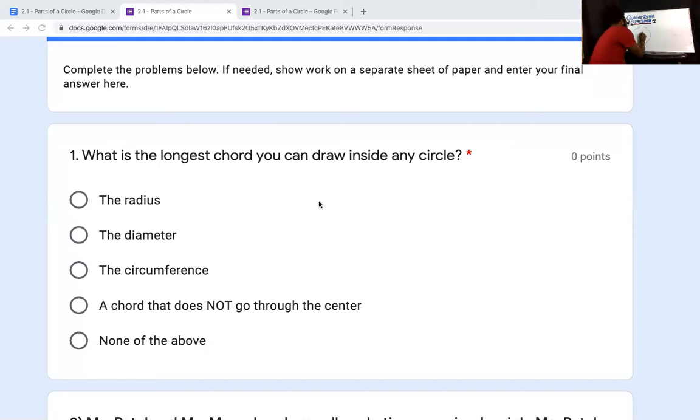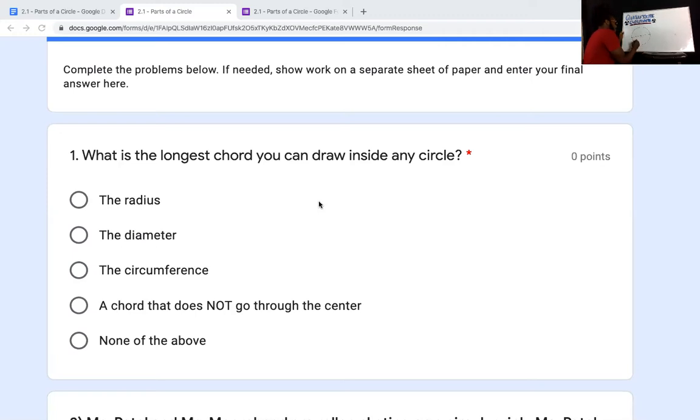And if you're thinking about it, there are only 3 different types of line segments inside of a circle that we talked about. We talked about the radius, which is basically going to come from the center of the circle and stretch itself out to any point on the circumference. The other line that we talked about was the diameter, which goes from the outer edge from one point across the circle through the middle to the other point on the opposite side of that circle.